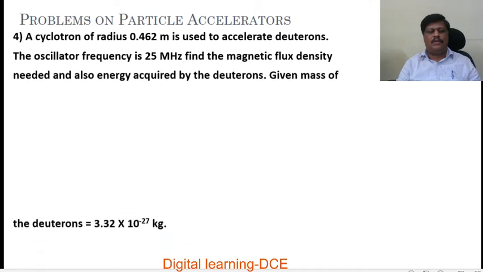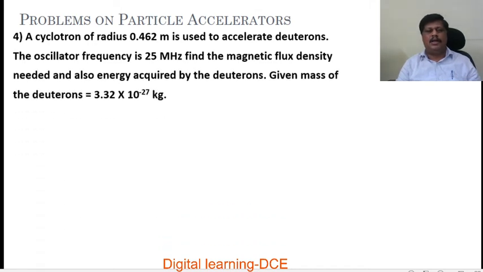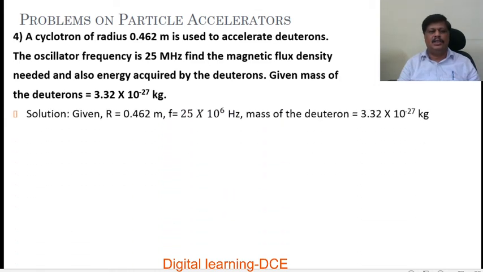Problem number 4. A cyclotron of radius 0.462 meter is used to accelerate deuterons. The oscillator frequency is 25 megahertz. Find the magnetic flux density needed and also energy acquired by the deuterons. Given mass of the deuterons is equal to 3.32 into 10 power minus 27 kg.